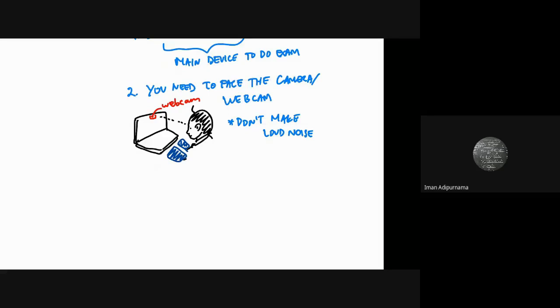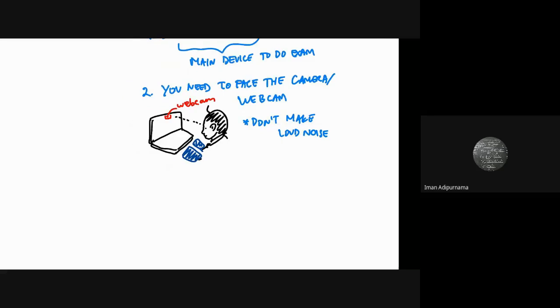If it is on your smartphone, then you need to just adjust your smartphone so that it is seeing your face all the time. It's okay if you're looking down because you want to write some calculations, right?